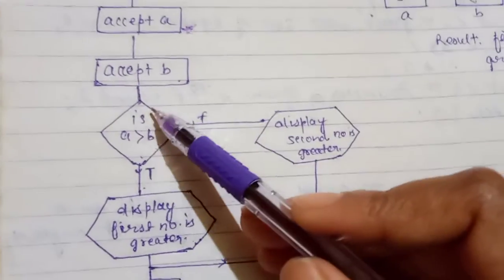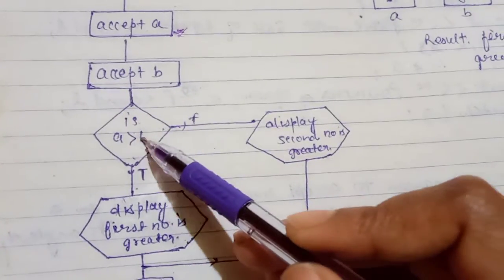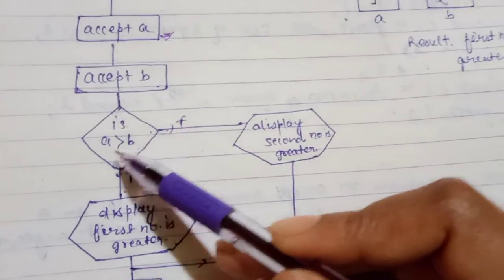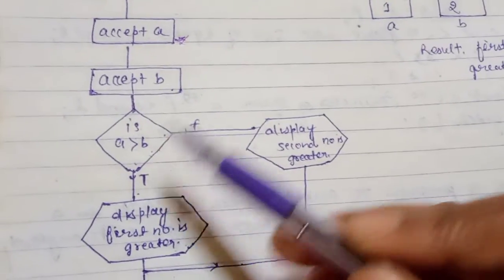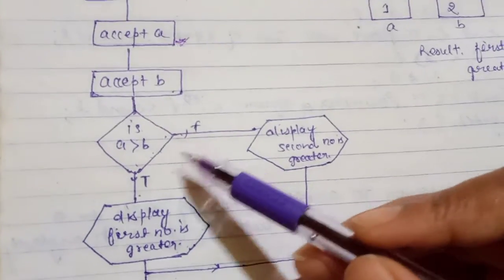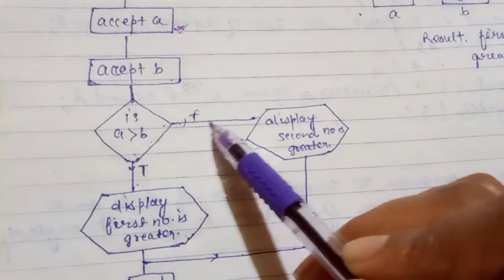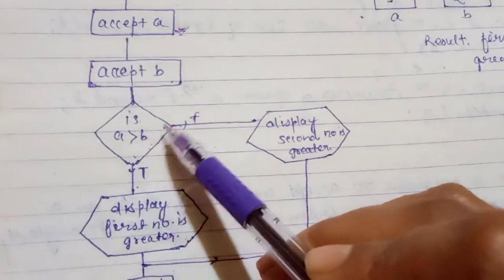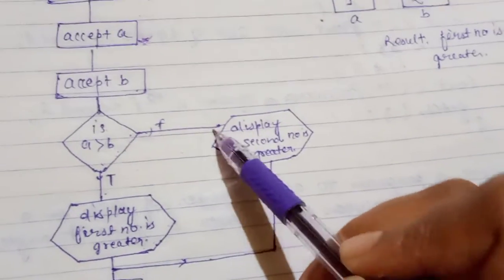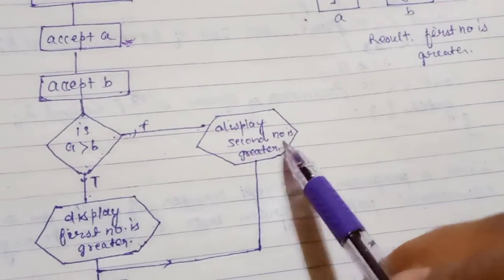Now the other condition: if a is not greater than b, it means b is greater than a, then what is your step? If this condition does not hold, we move to the next condition, that is display second number is greater.